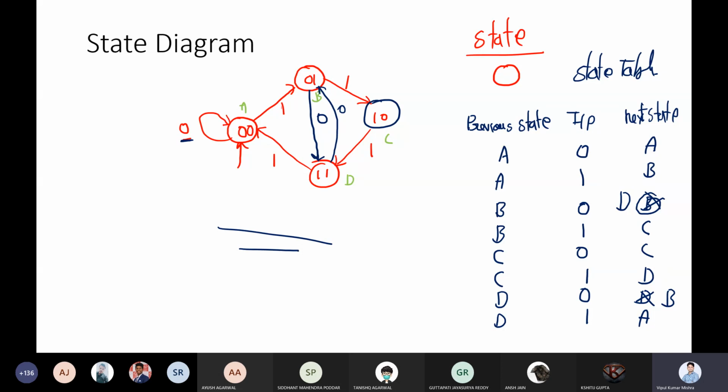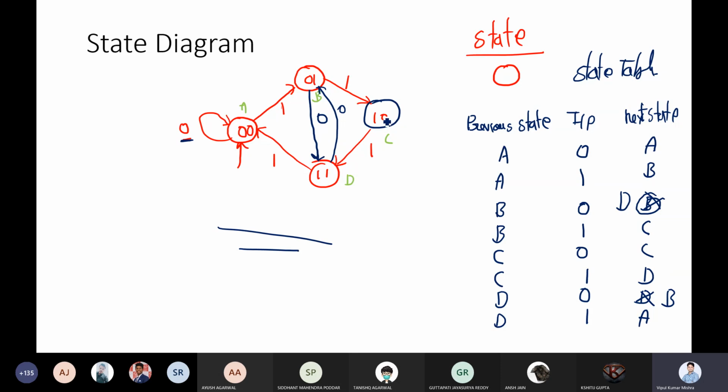Any possible solution? Can we reach anywhere? Once you reach here and someone gives input 0, we are not able to handle this situation. It means this is an incomplete state diagram. It is not the correct state diagram.